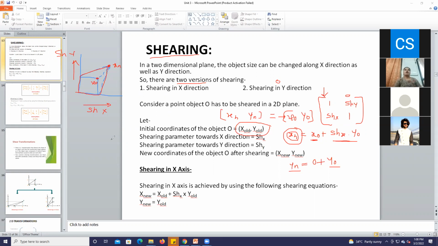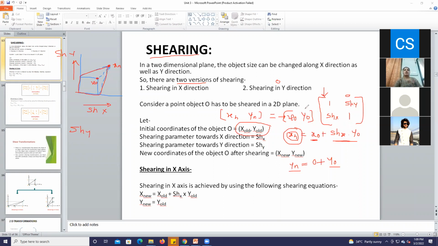Now, if I want to get shear along y-axis, what will be the modifications? Can anyone tell? If I want to get shear along y-axis. Yes. Shear along y-axis.